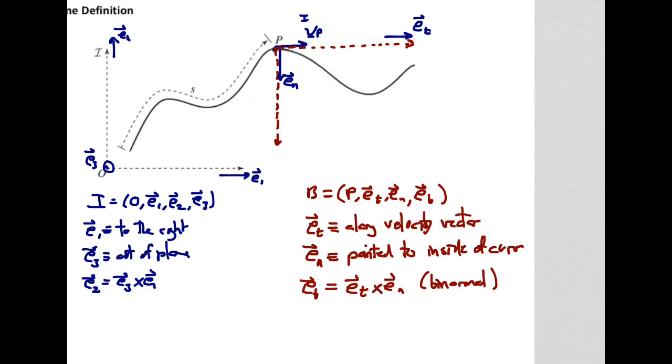It's going to switch depending on what the radius of curvature is. So for example, here, if this is E sub t, then E sub n is pointed up.